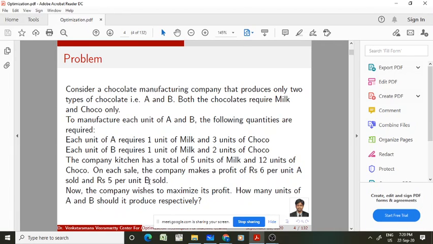If the company sells 1 unit of B type chocolate, they get 5 rupees profit.